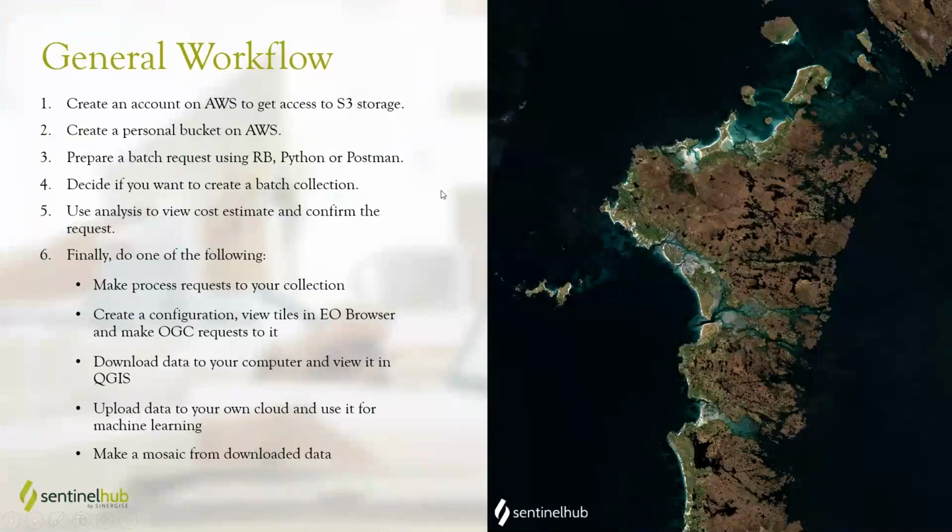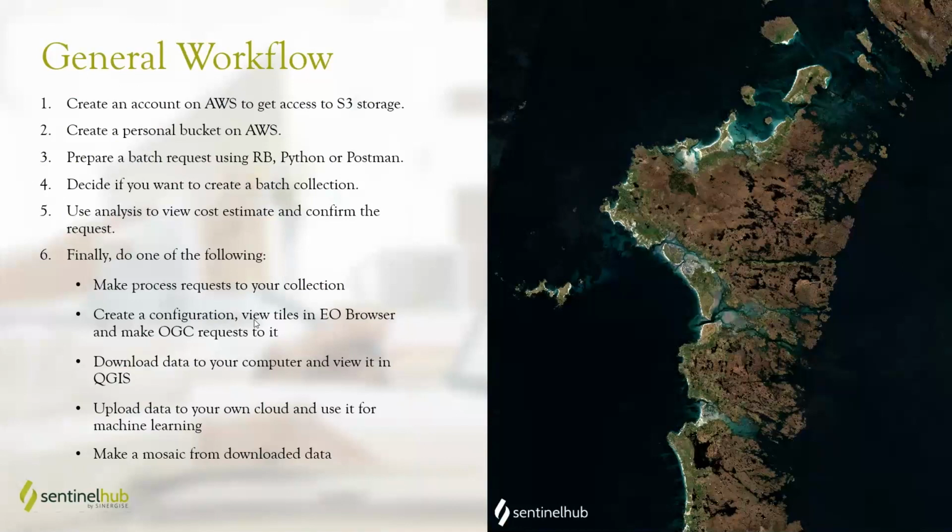So let us just quickly say what are the differences between not creating a collection and creating a collection. If you do not create a collection, as we have done now, you can download the data, put it into QGIS and so forth, or you can put it to your cloud and do machine learning analysis to it. But if you do create a collection, then you need to be careful about a couple of things.